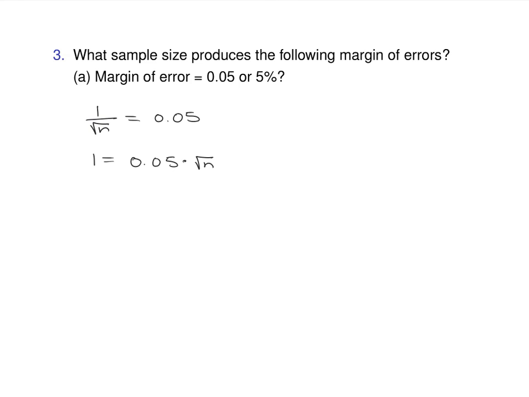I'm going to divide by 0.05 and I get 20 equals square root n. And then I square and I have n is equal to 20 squared or 400. So n needs to be 400 to ensure that my margin of error is at worst 5%.